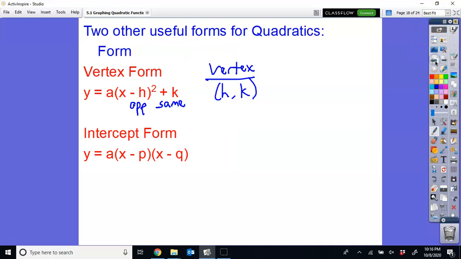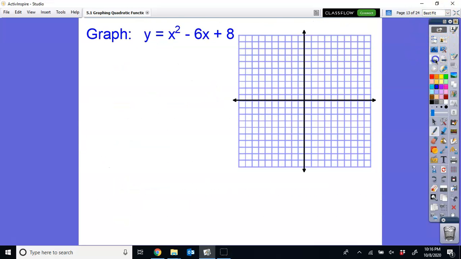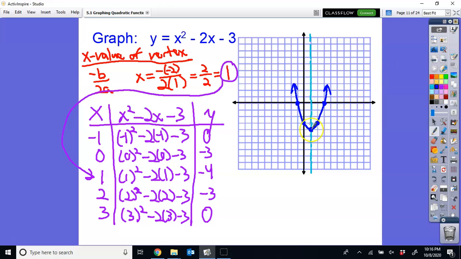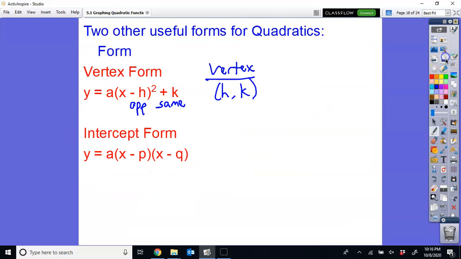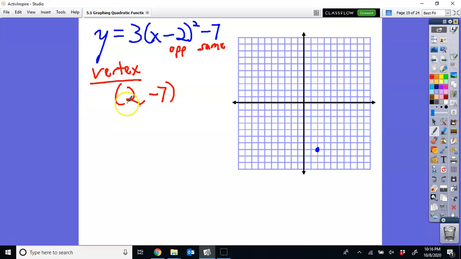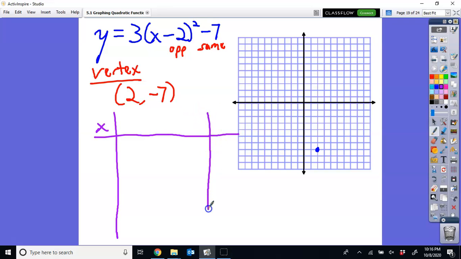Just like over here on this example with standard form, when I found my vertex here at 1, -4. Guess what? When I have vertex form, I find my vertex immediately. Then I can now find my whole graph by doing the same techniques I did a minute ago.